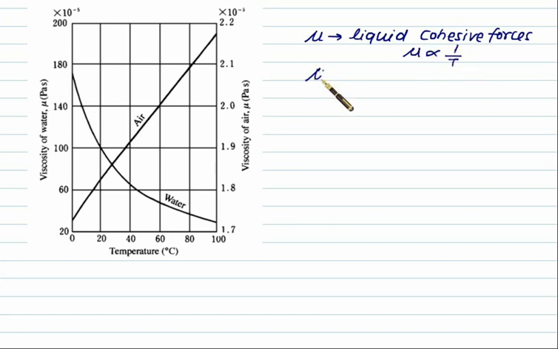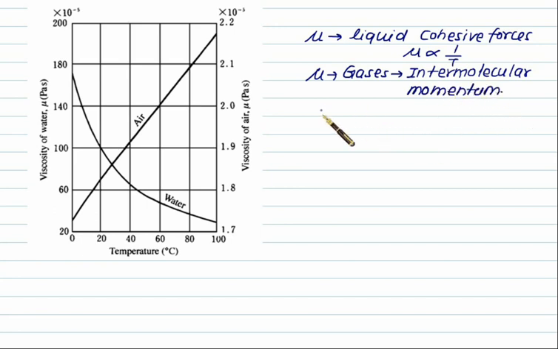Whereas the viscosity in the case of gases is defined on the basis of intermolecular momentum, because the cohesive forces are very weak, and therefore we cannot define the viscosity on the basis of cohesive forces. Rather it is defined on the basis of intermolecular momentum, which is a function of mass and velocity.